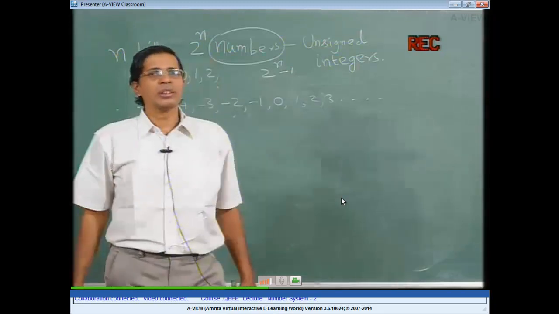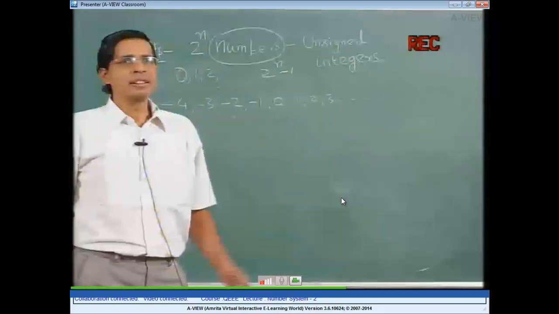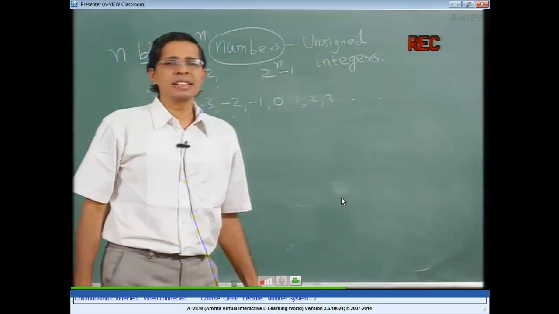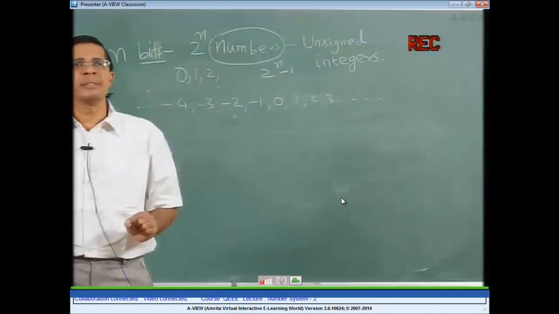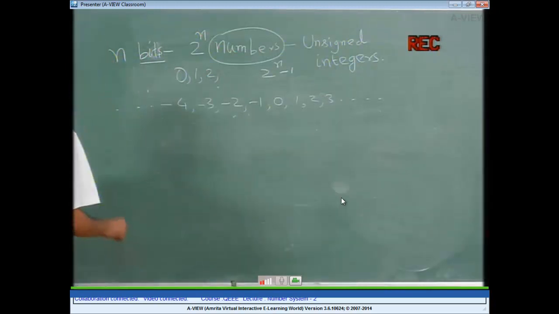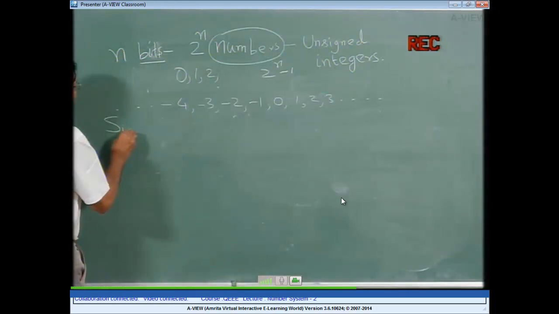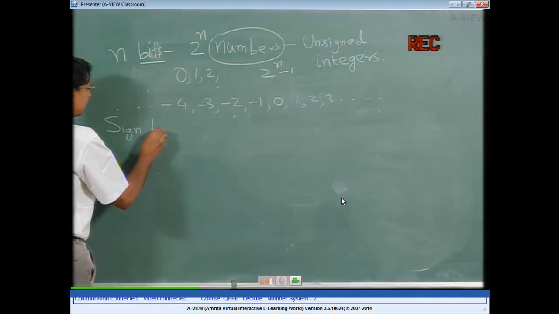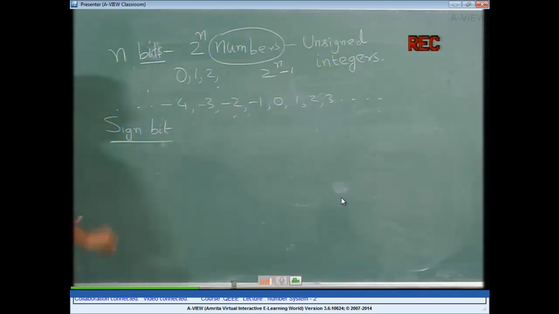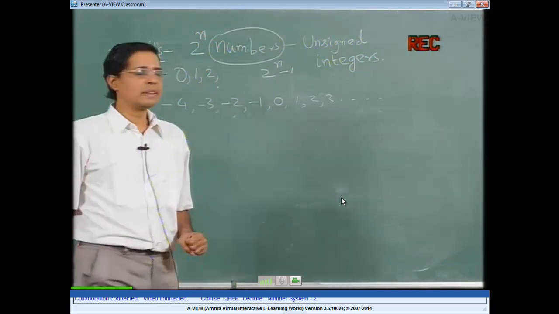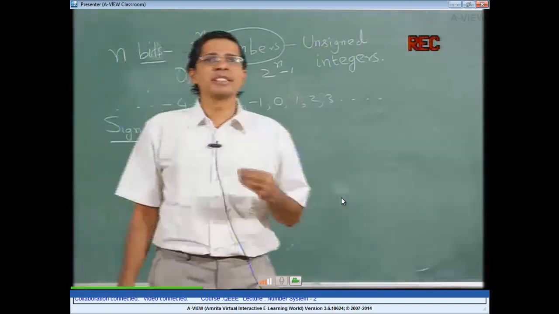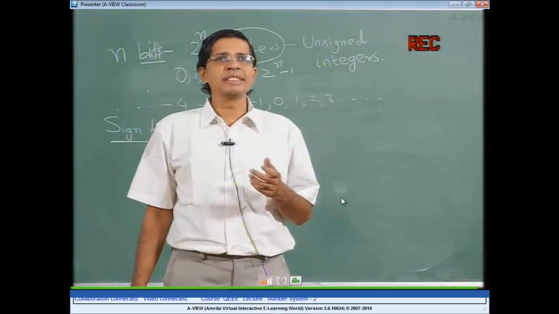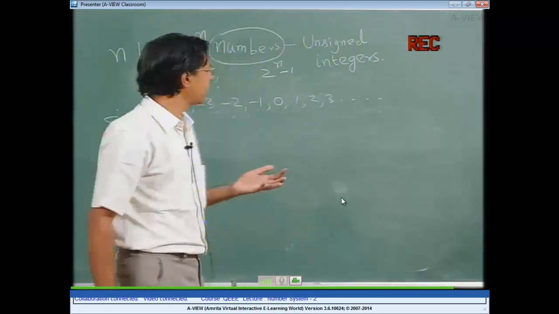One thing is, in the number representation, I need to associate at least one bit which I call the sign bit. And the most obvious choice for this sign bit is the most significant bit.